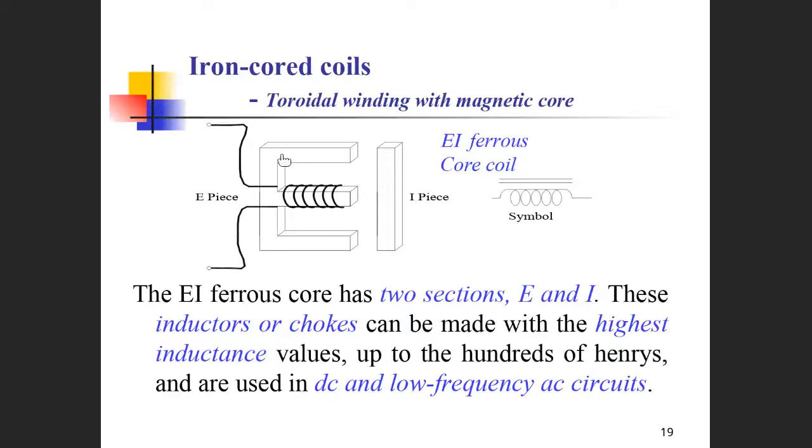One is the upper E leg. The other one is the lower E leg. Once there is a magnetic field, this magnetic field will attract the I part to attach to the E parts, forming a closed ring, a closed core.